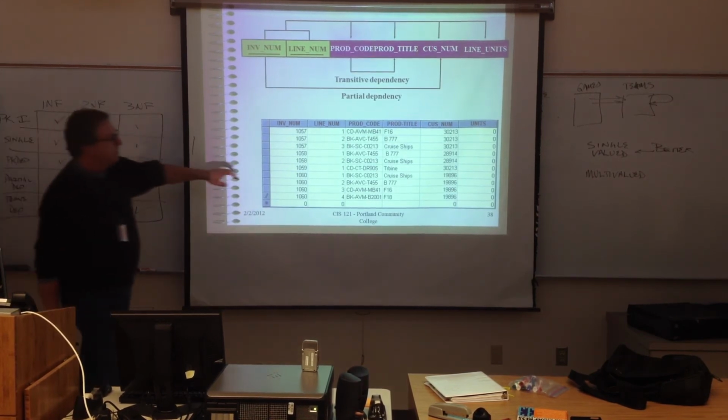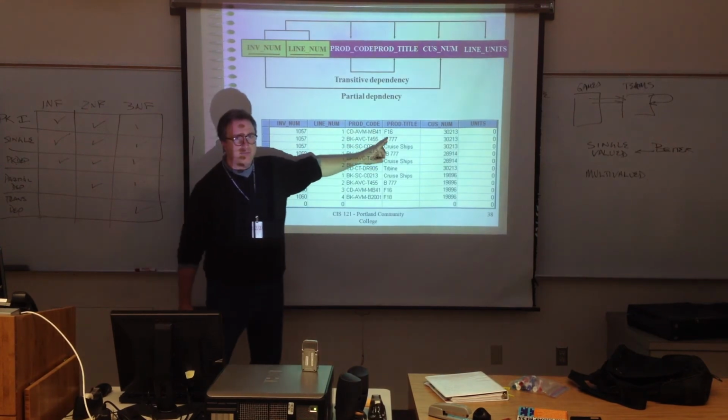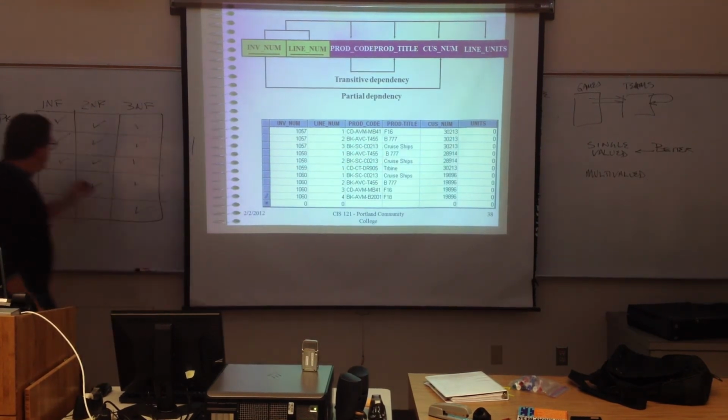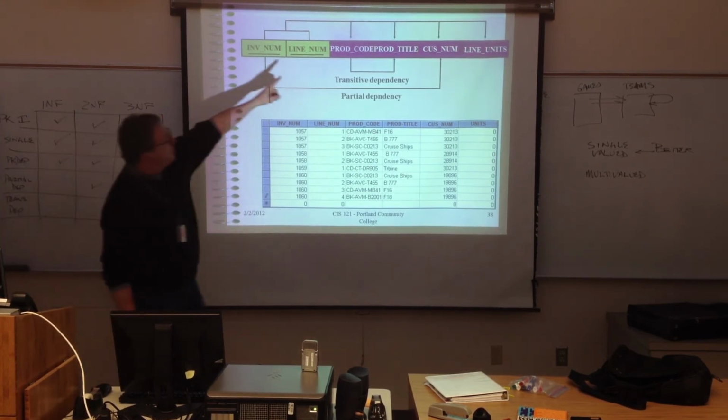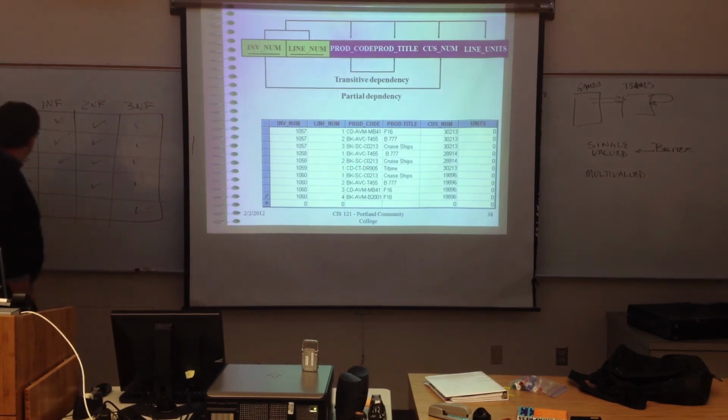I don't have something like product code comma B77 in one cell. So I'm good here. Does it have primary key dependency? Yes, it does. That's that upper arrow. So I've got partial dependencies, yeah. I've got transitive dependencies, yeah. So I've got a table that is in first normal form. So let's fix this guy.